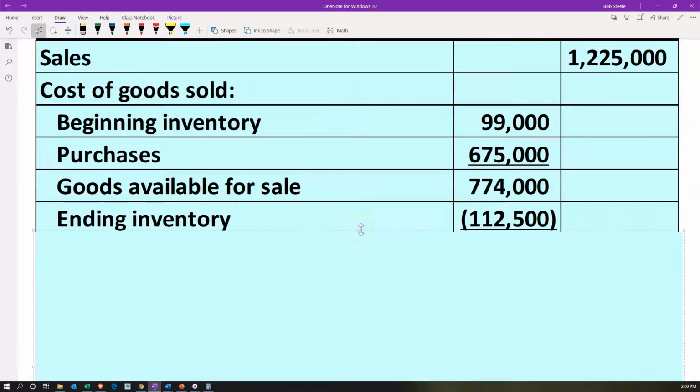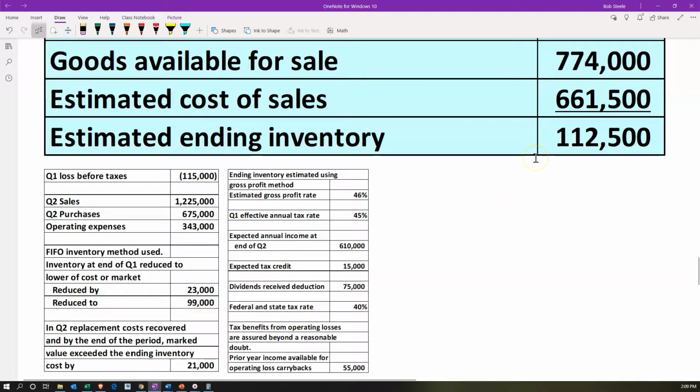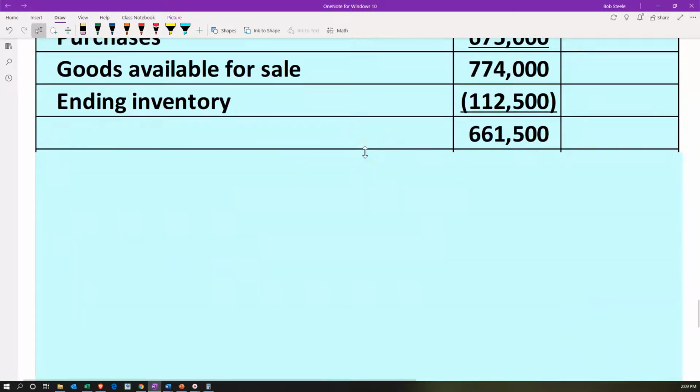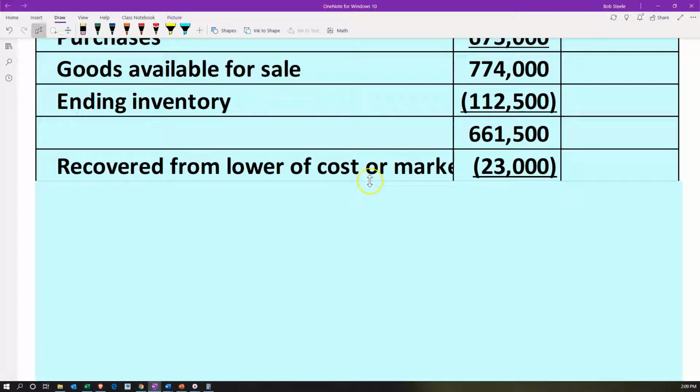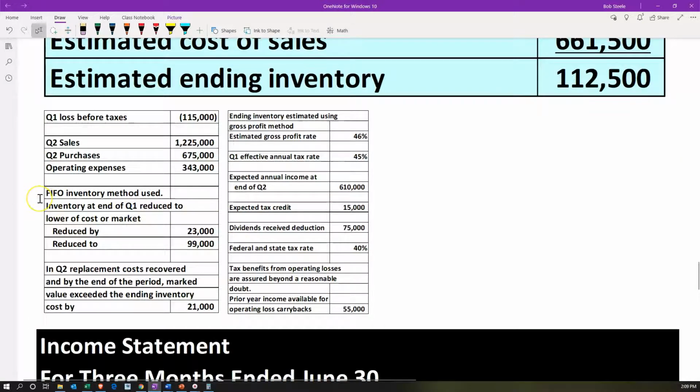Then we subtract out the ending inventory, which again was given to us up here, 112,500. That would normally give us the cost of goods sold, but we're going to have a subtotal here due to the fact that we're going to have the recovery from the lower cost of market adjustment. And that's going to be due to this item where the FIFO inventory method was used.